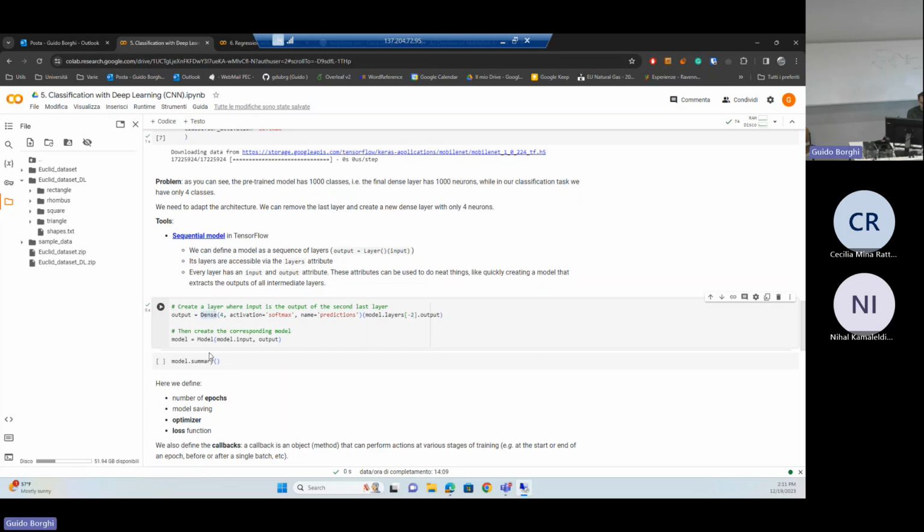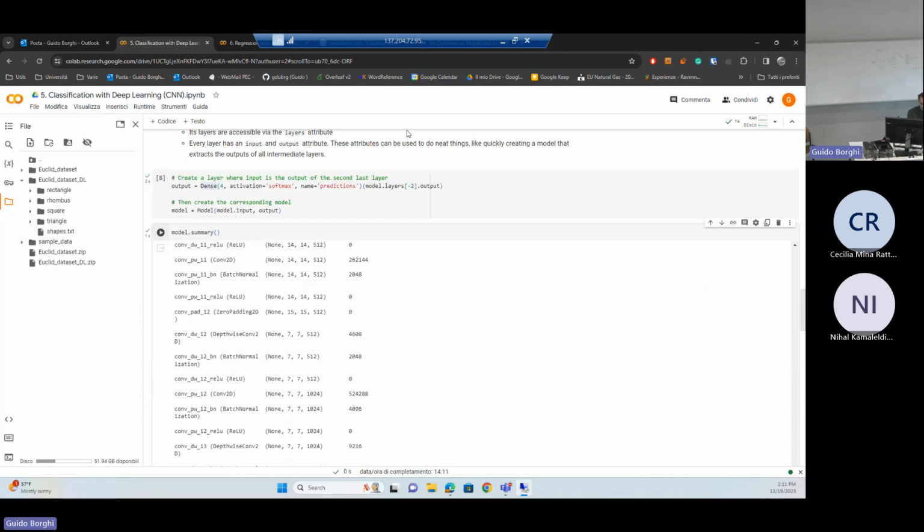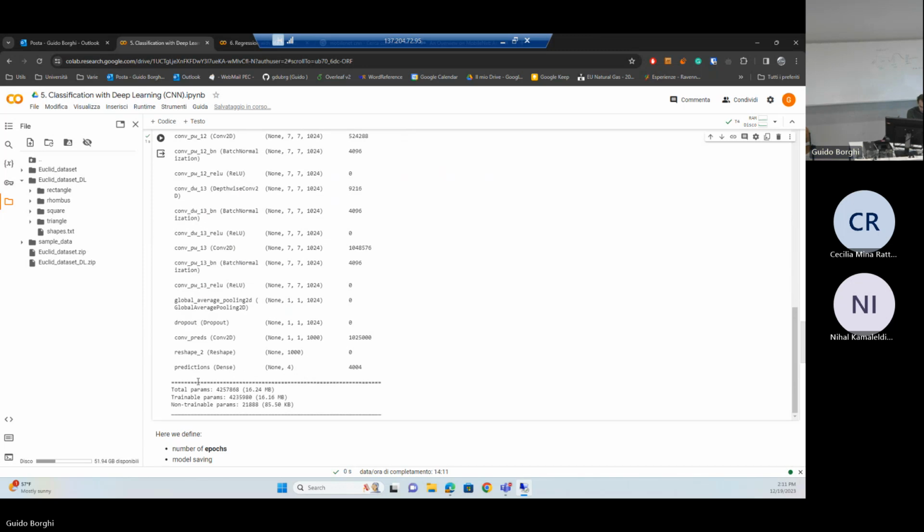We can also see the architecture of our network using the summary method. As you can see here, we have a lot of conv layers, a global average pooling layer, and a dropout that we have not seen.